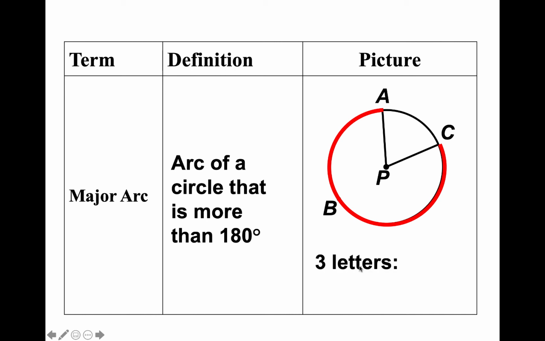So you have to use three letters whenever you're talking about a major arc so you know which direction to go. If I give you two letters, you go the short way. If I give you three letters, you go the long way. So you start at A, then you pick any point on the arc, in this case B, and then the last letter is where you end, C. So this is arc ABC. You could also call it arc CBA.